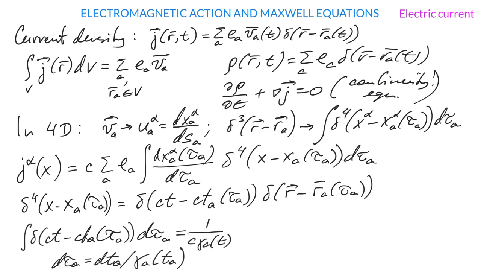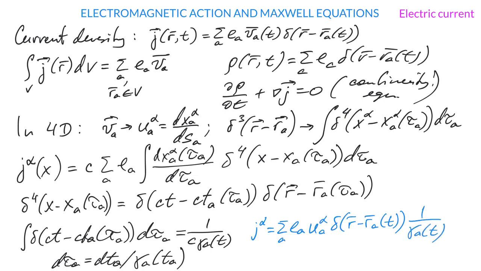So now we plug this into the definition of the four-current. We have J^alpha equals sum over a, e_a. The c has cancelled with the one in the denominator here. Then there's u_a^alpha, delta function. Now the taus everywhere are replaced by t because this is where we have eliminated the delta function, so all t_a have become t. And here what remains is 1 over gamma_a of t, which comes from here.